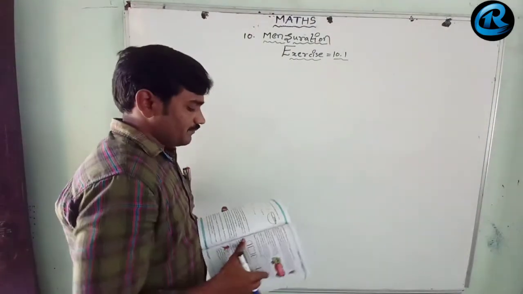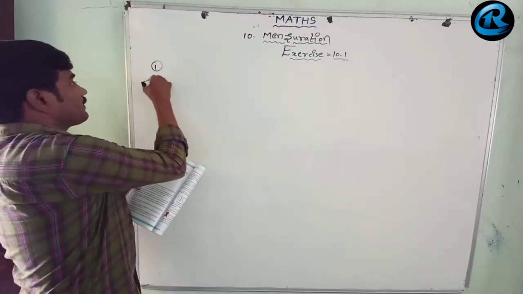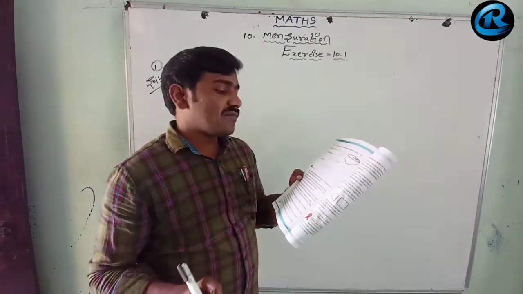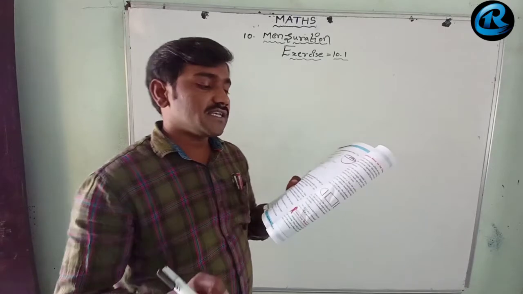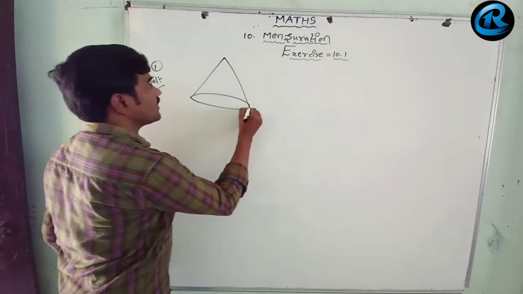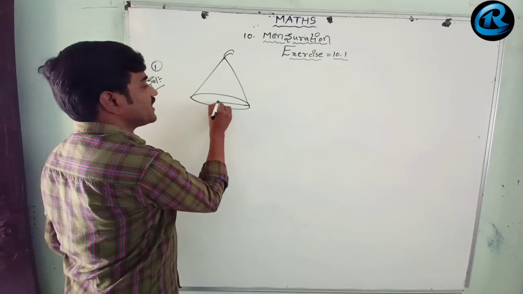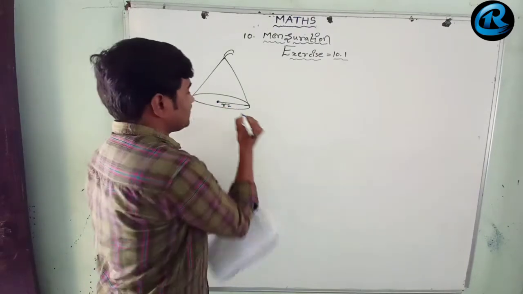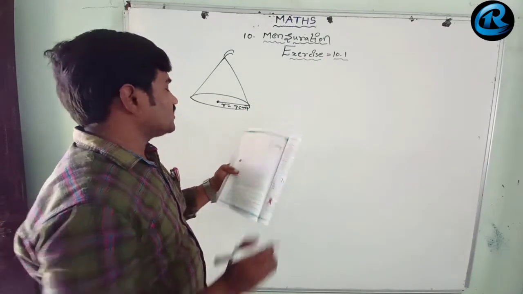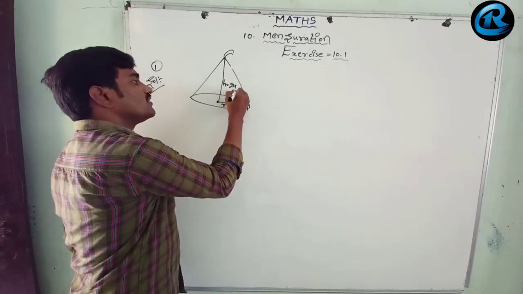Question number 1: a joker cap in the form of a right circular cone whose base radius is 7 cm and the height is 24 cm.